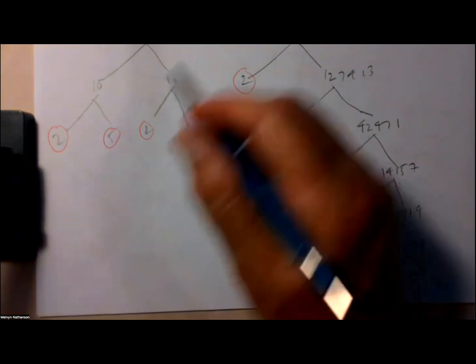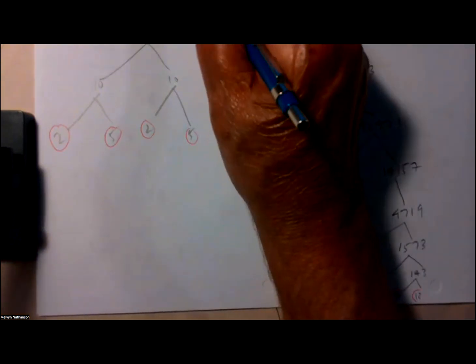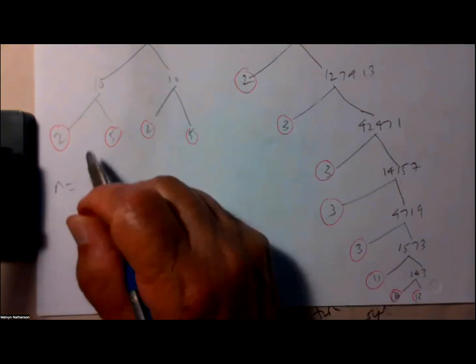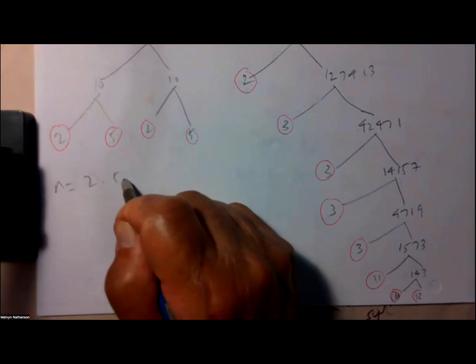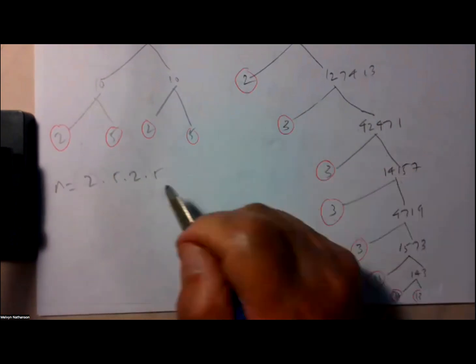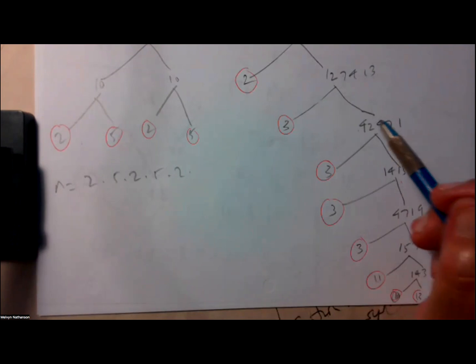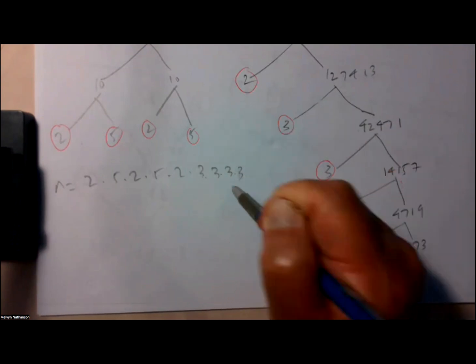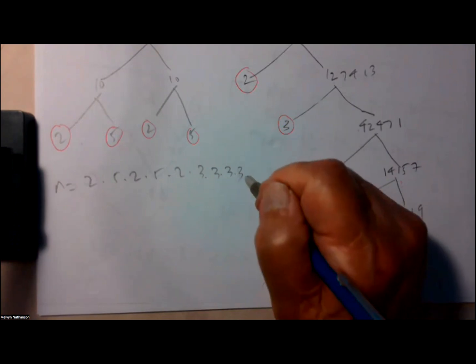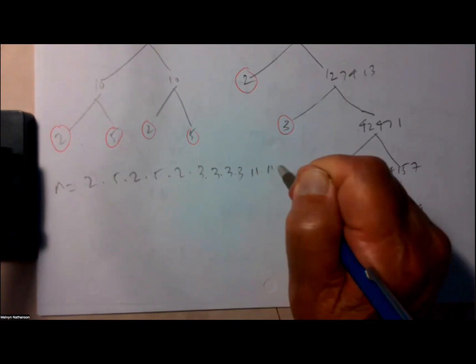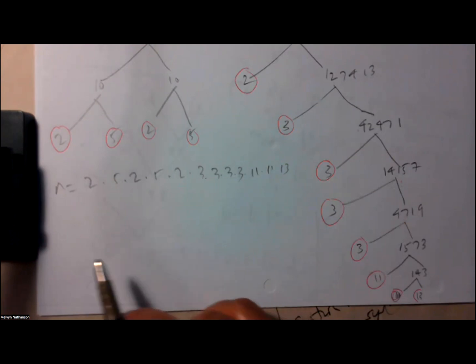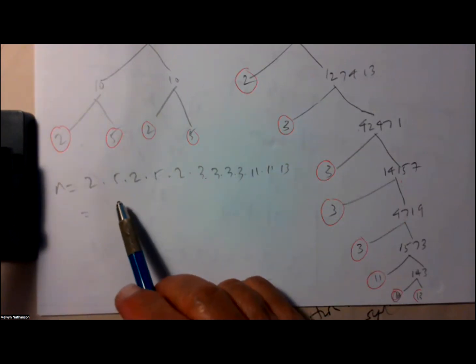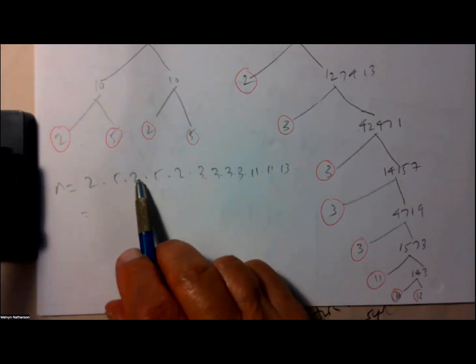So this number n is equal to 2 times 5 times 2 times 5 times 2 times 3 times 3 times 3 times 3 times 11 times 11 times 13. Wow. How many 2's are there? 1, 2, 3.